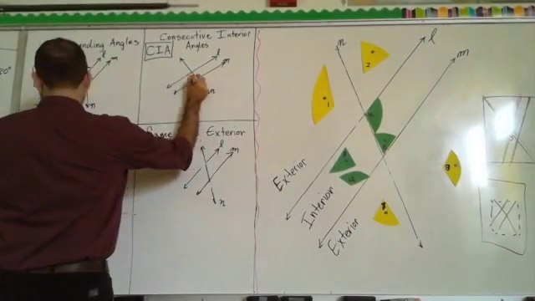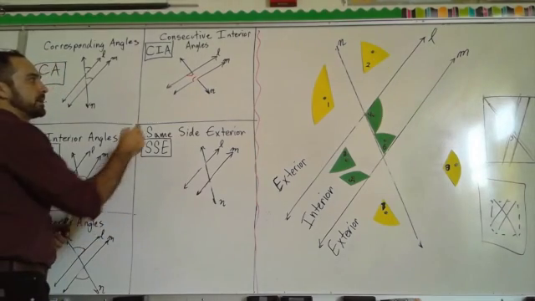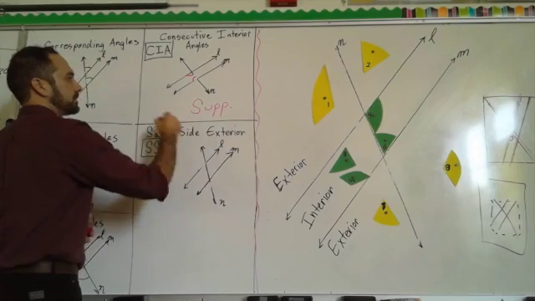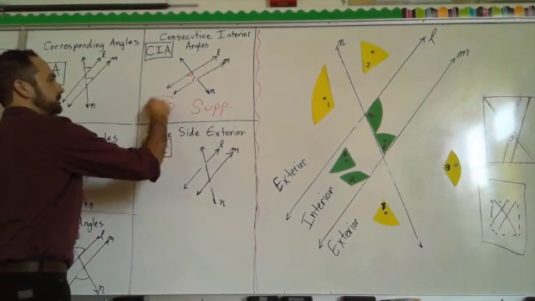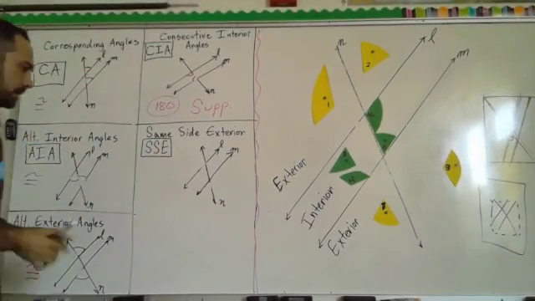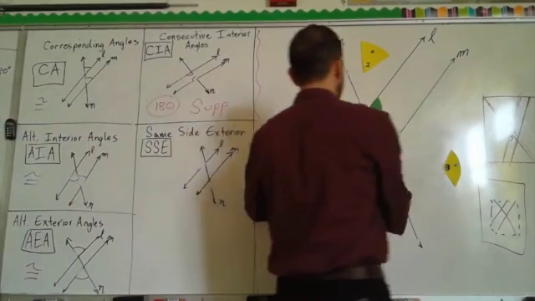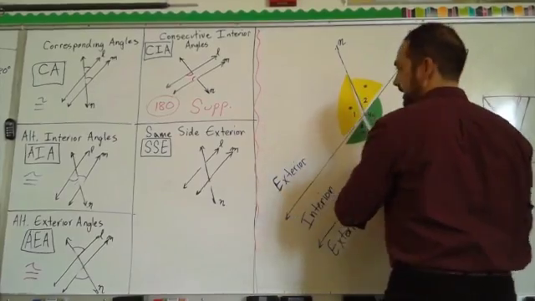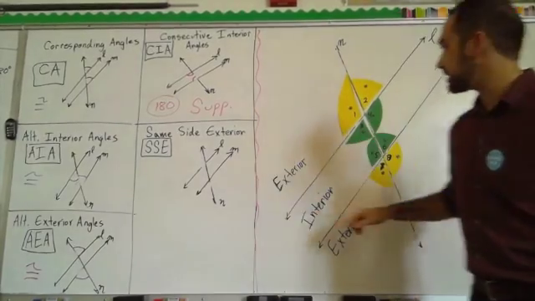If you make a U-turn, you'd turn 180 degrees. I was spinning because a full spin is 360, but with consecutive interior angles, you're only really making a U-turn as far as your angles and how you move through that. So with consecutive interior angles, we know that they're supplementary because they add up to 180. You're basically making a U-turn.